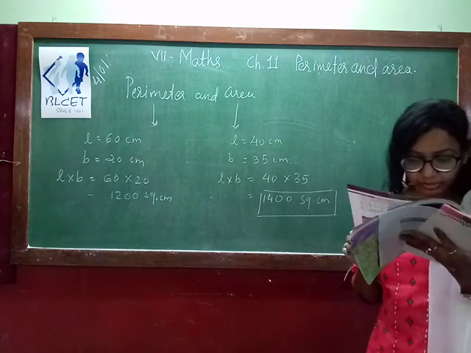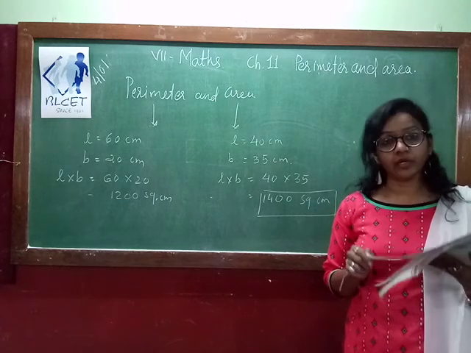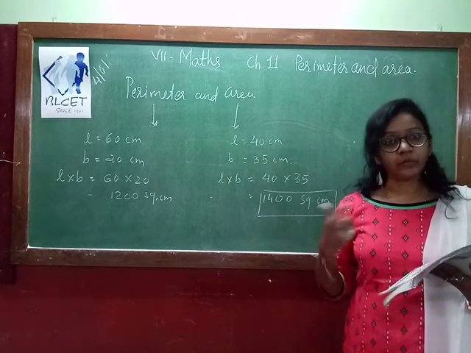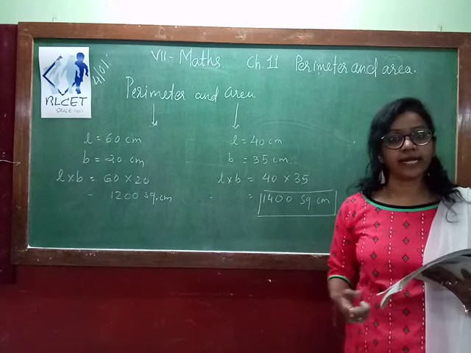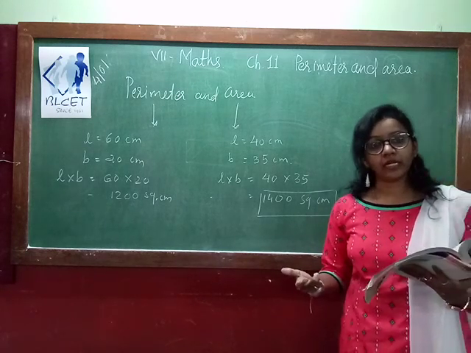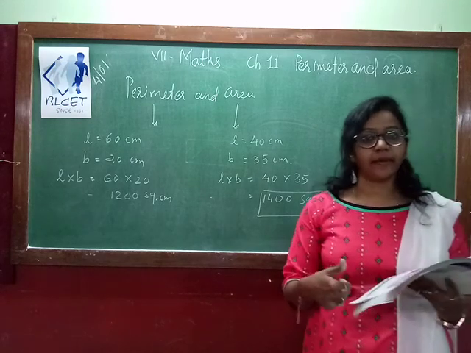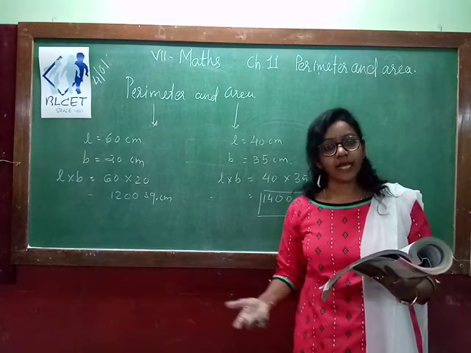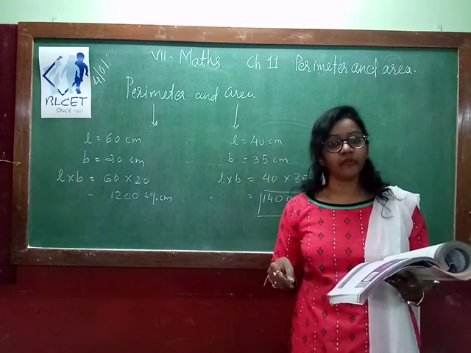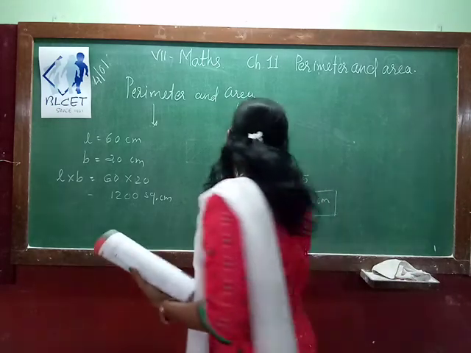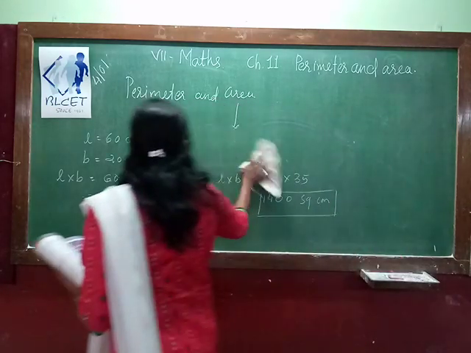Now next we have learned the perimeter of a regular polygon. Regular polygon means each and every side, if you are measuring, all the sides are equal. Such a polygon here is the square, because a square has all sides equal. So the perimeter is equal to what? 4 into side.